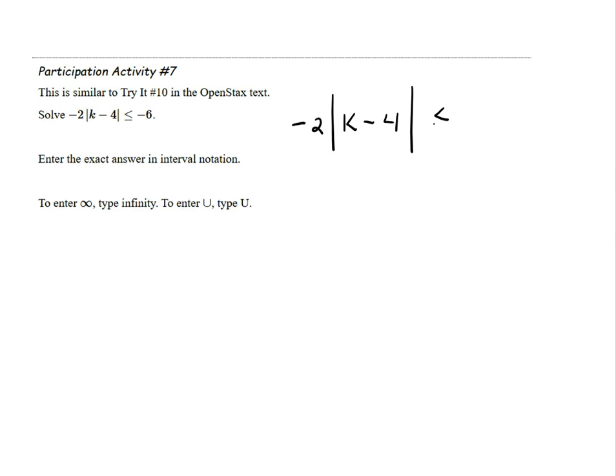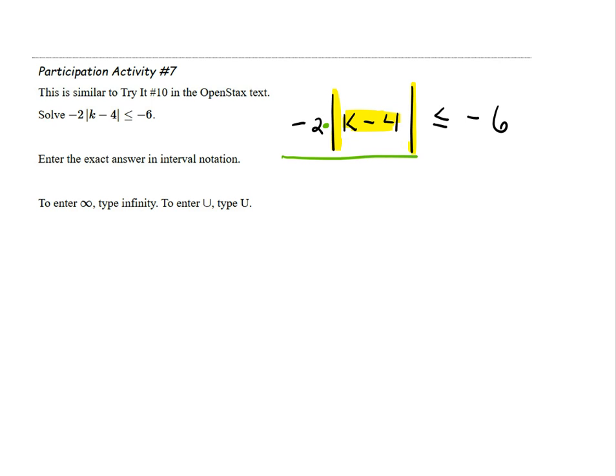All right, you are solving an absolute value equation. And to do that, you have to get this part by itself. But right now there's that -2 that's multiplied in front here.